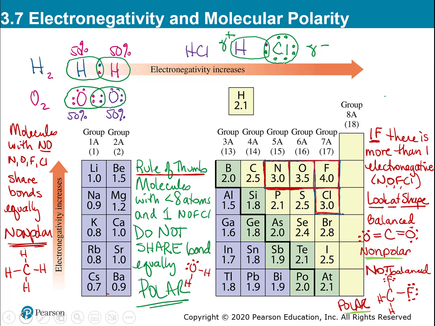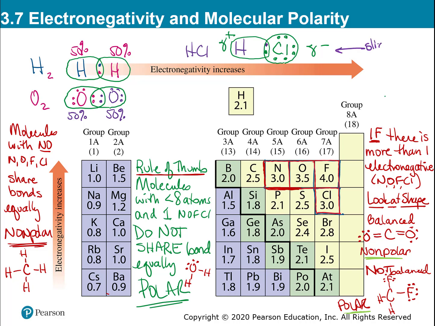So that means there's more electrons around the chlorine than around the hydrogen, and that makes the chlorine slightly negative. It doesn't make it a charge. It's not an ion, because these are covalent bonds, but because they're not shared equally, the electrons get pulled towards the electronegative atom, and that creates a slight negative.